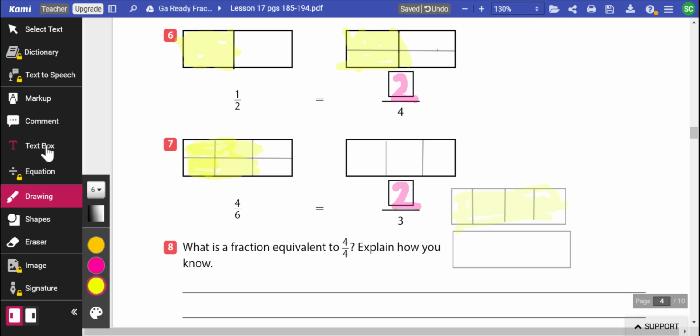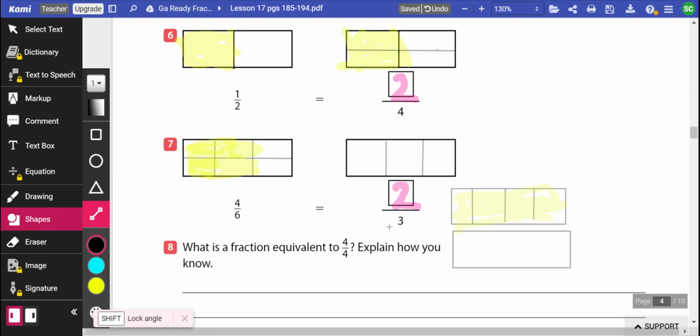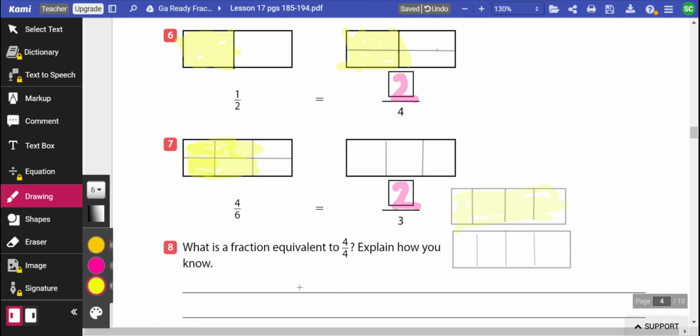Well, to make this go a little bit faster, I could come down here. Let's just do it. We're going to do the same thing again. All right, so we're going to do half, fourth, fourth. Okay, pretend like those are equal. And shade it in 4/4.